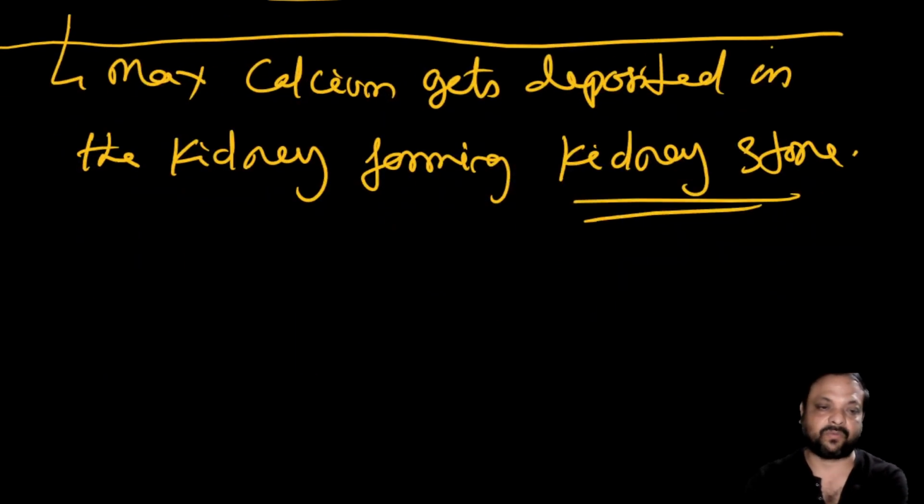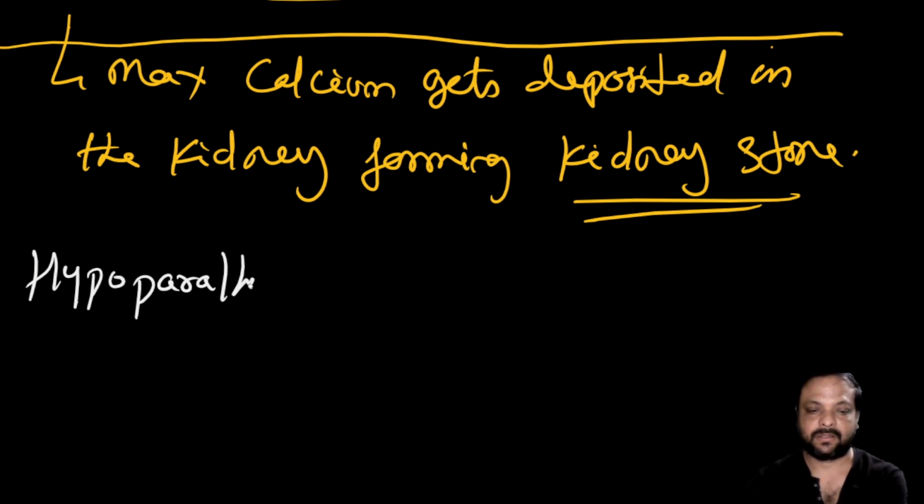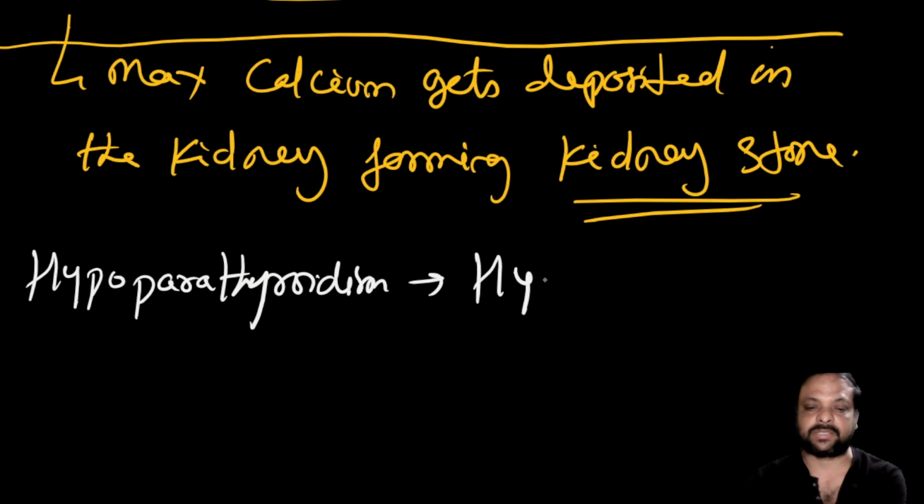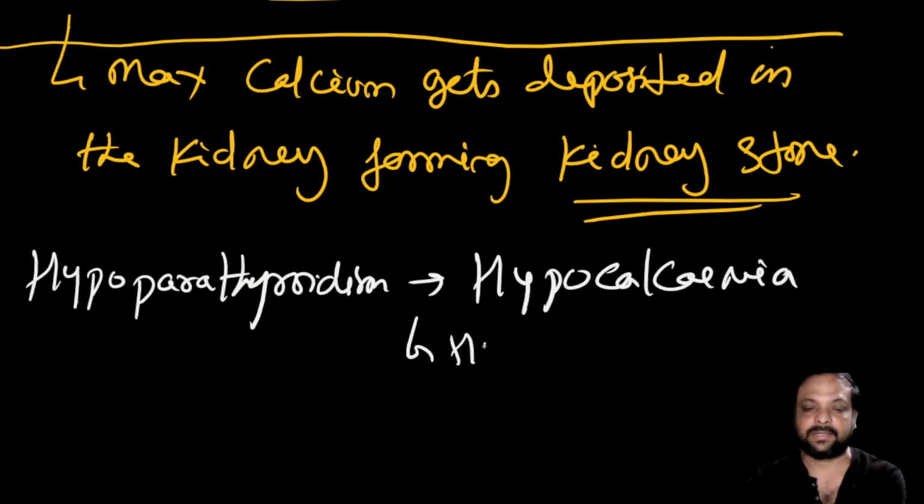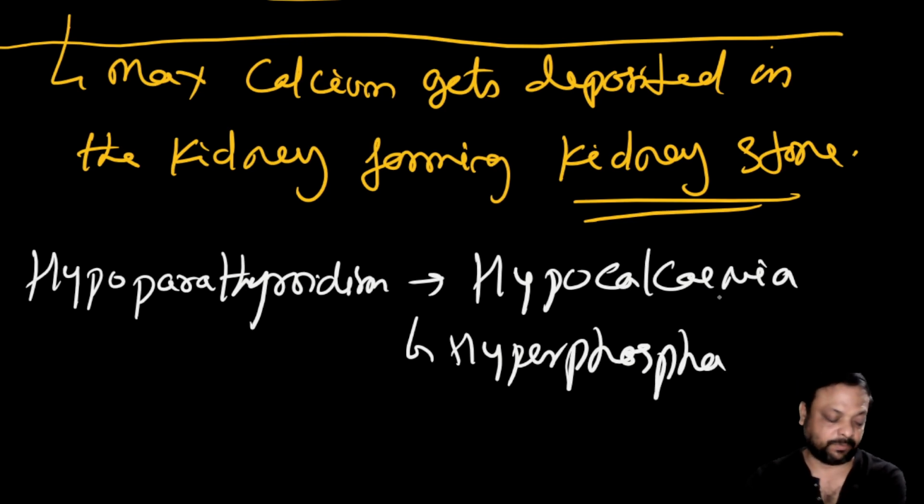So at last, what we discussed: in hypoparathyroidism, the calcium level decreases, so it is called hypocalcemia, whereas it causes an increase in phosphate, called hyperphosphatemia. Got it?